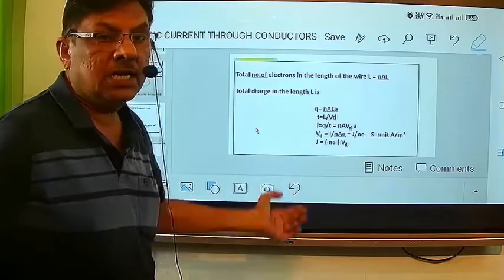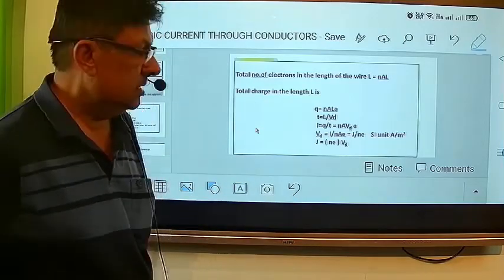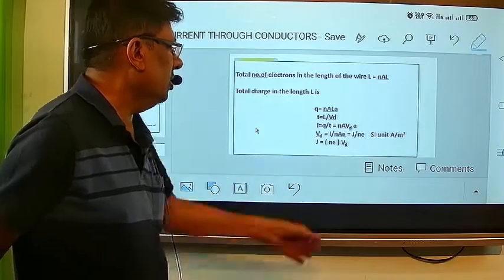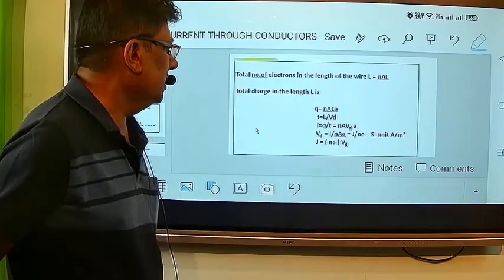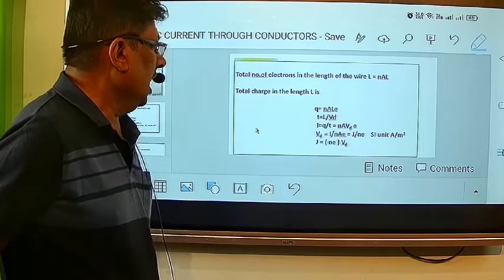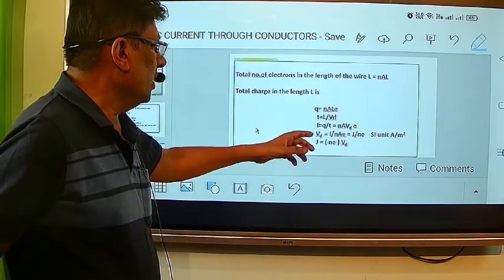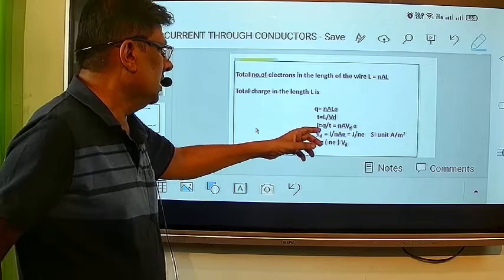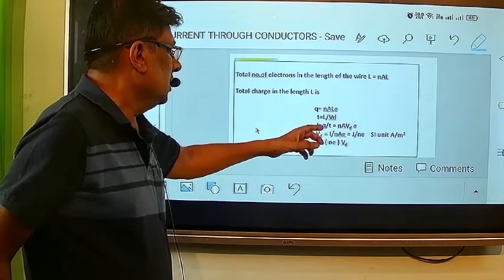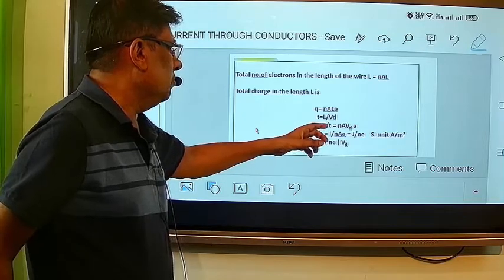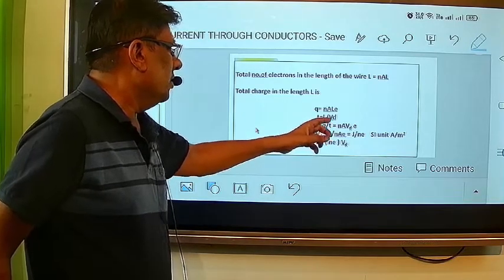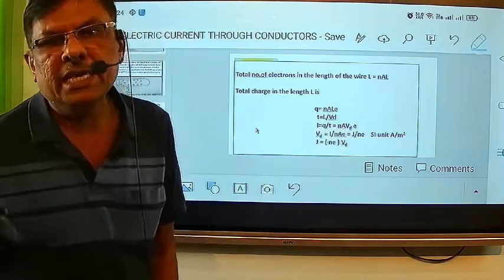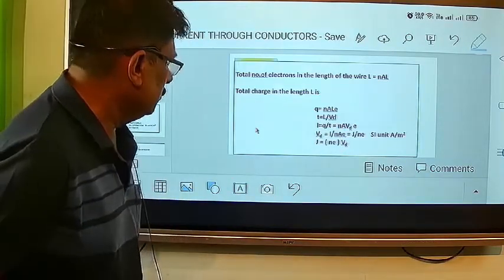We know that current is equal to Q upon T. Now the total Q value is there, so substitute that value: I is equal to NAL e upon T. Substituting T as L by Vd, L and L cancel and the remainder is I equal to NAVde.